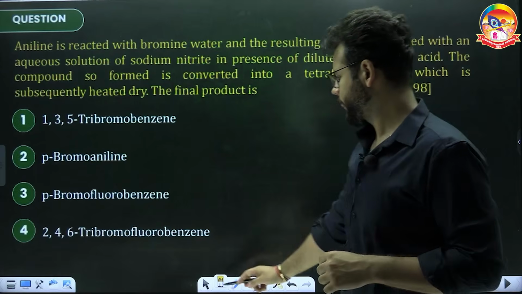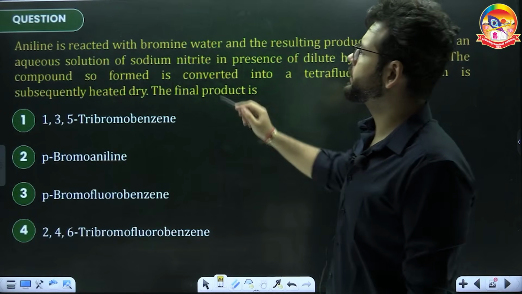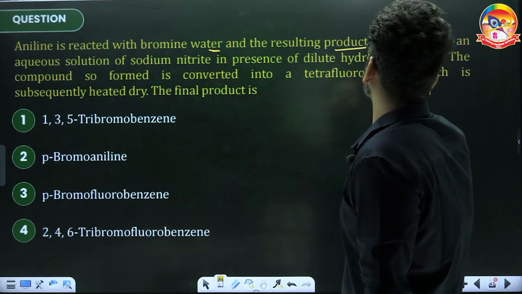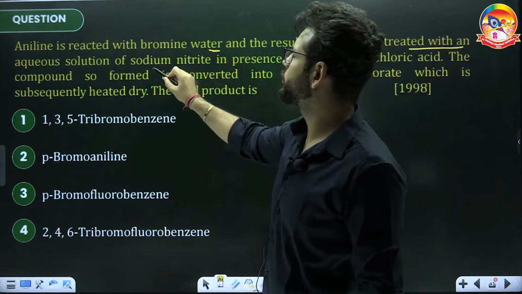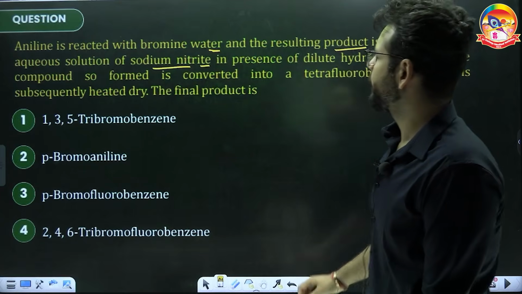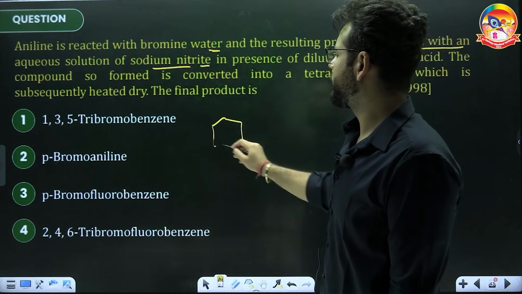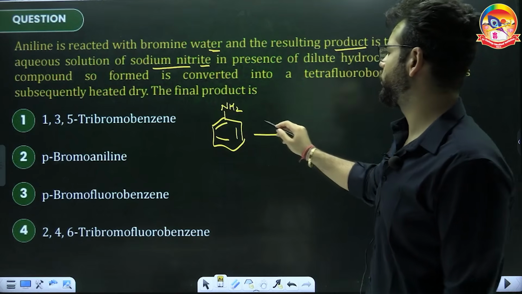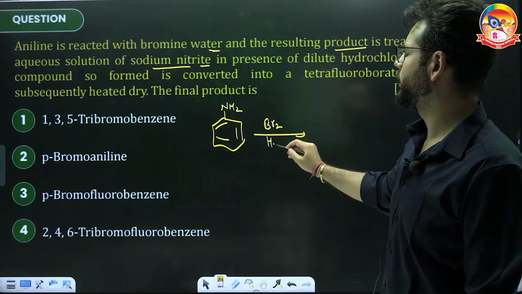Next one. Question says, aniline is reacted with bromine water and the resulting product is treated with an aqueous solution of sodium nitrite. So when aniline is taken, we know it's highly reactive for ESR. So its reaction with bromine water is just like that of phenol.